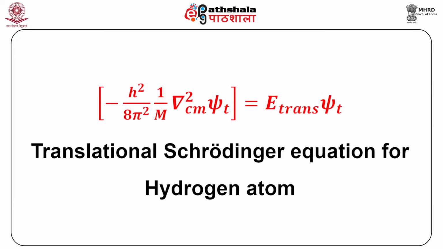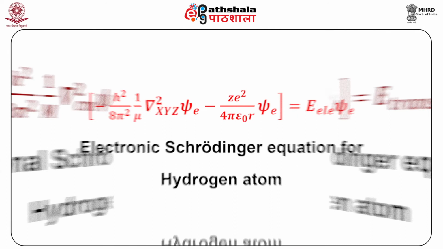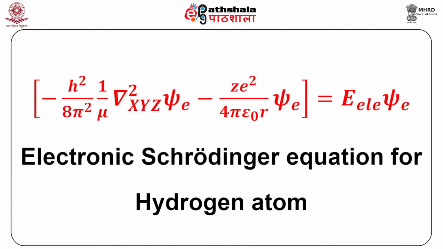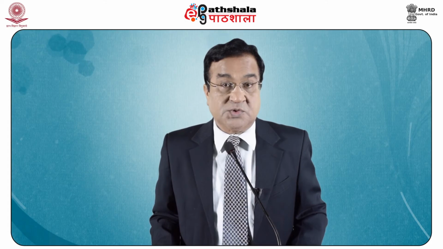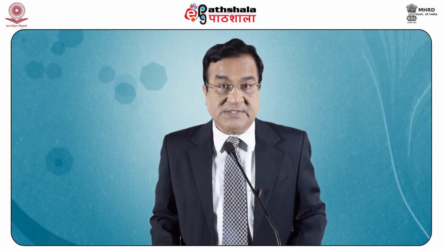The equation which represents the translational motion of the system, meaning the total mass is moving, is called the translational Schrodinger equation for hydrogen atom. Whereas the corresponding equation for the electronic motion of the system, psi e, is called the electronic Schrodinger equation for hydrogen atom. So this is a very significant step.